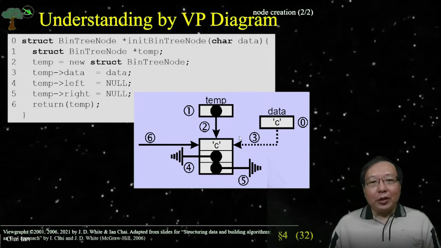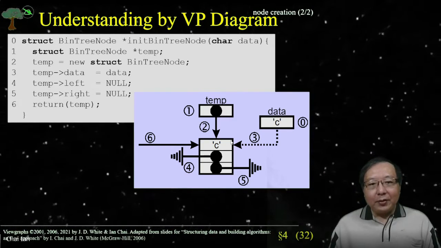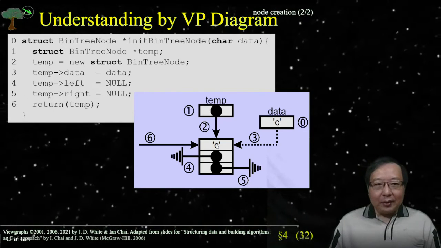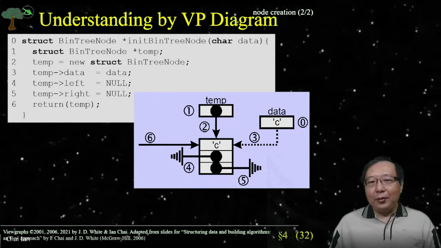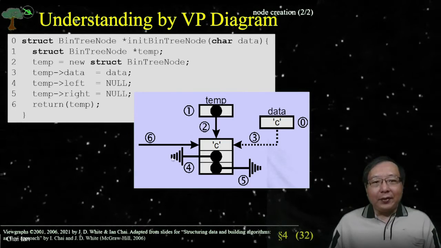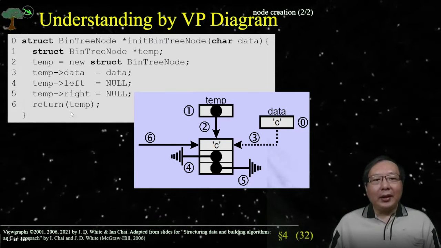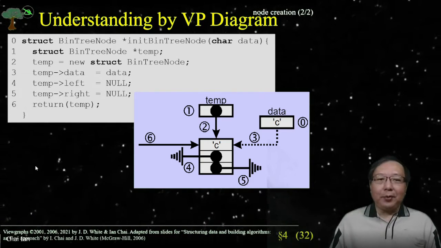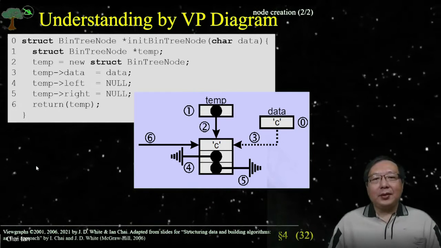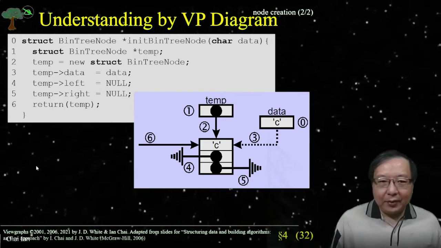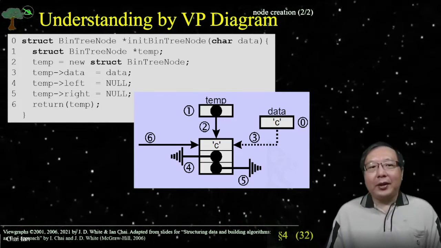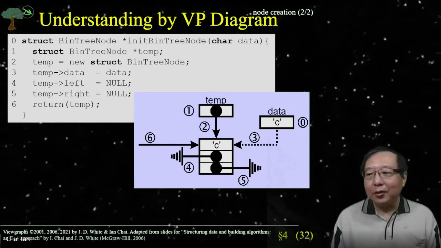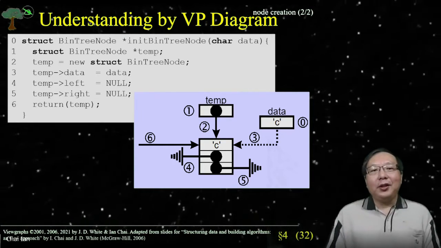I make a new node, so I allocate the memory for this node. I put the data into the data of the new node. I make the left null, I make the right null, and then I return the pointer to the calling program. So this is exactly like your linked list node, except with an extra pointer, or in fact exactly like your doubly linked list node. Only the names are changed.